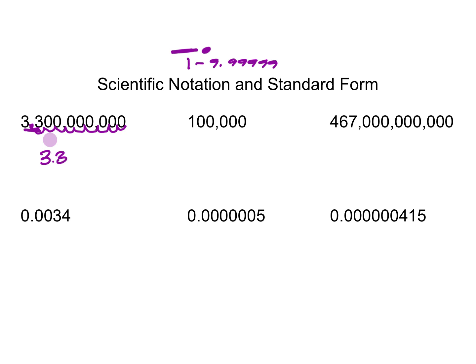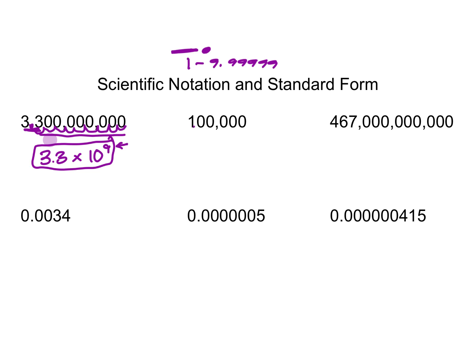Then I'm going to write times 10 to the 9th, because that's how many places I moved the decimal. Now, the secret is it's going to be a positive exponent if your number was super large to begin with. If your number is super tiny to begin with, it's going to be a negative exponent because you're moving it the other direction.